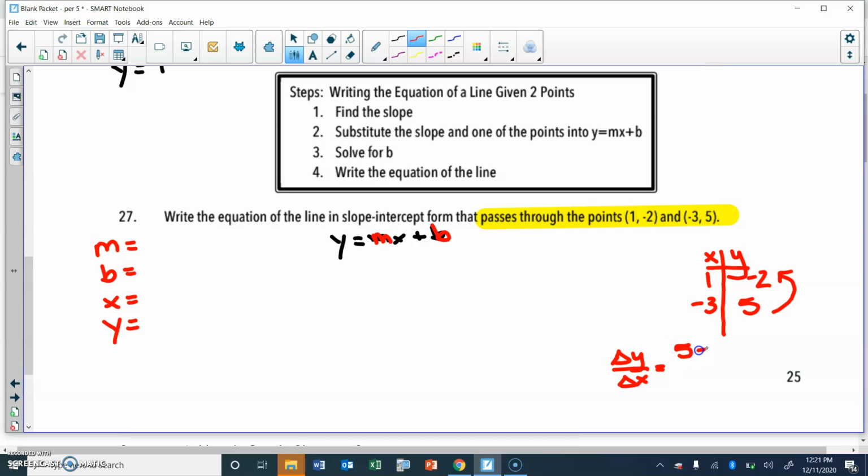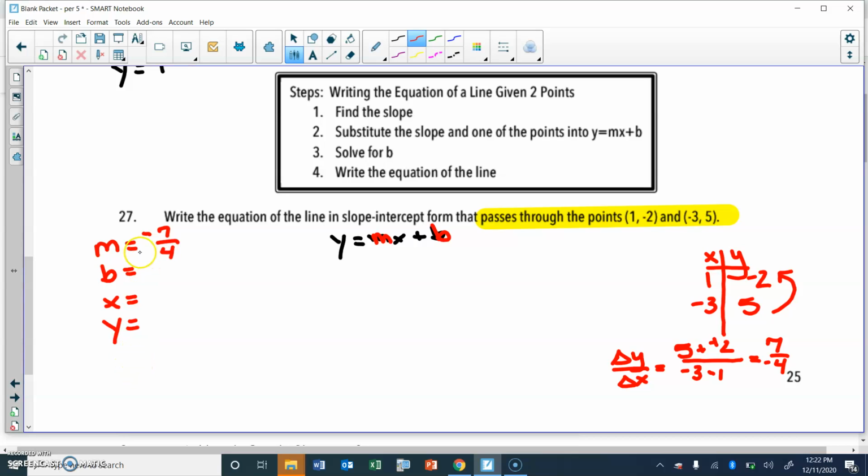Be careful, that's 5 minus -2, which is a double negative, makes it positive, over -3 minus 1. Okay, so this is going to be 7 over -4. So my m value is -7 over 4.